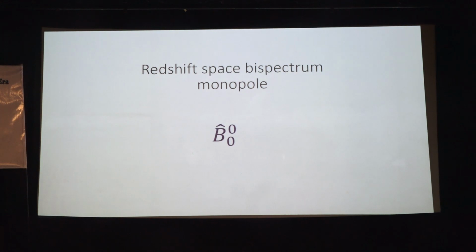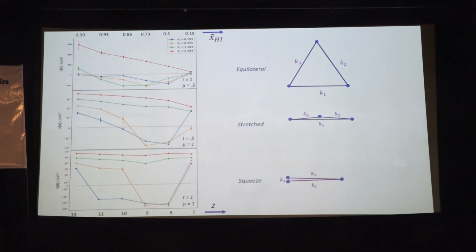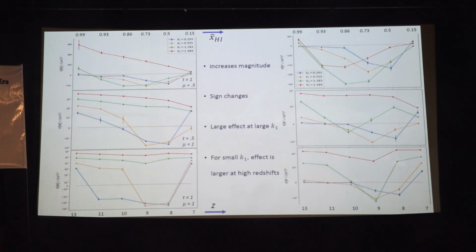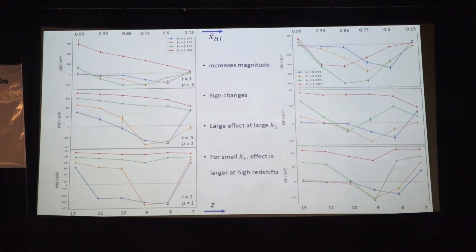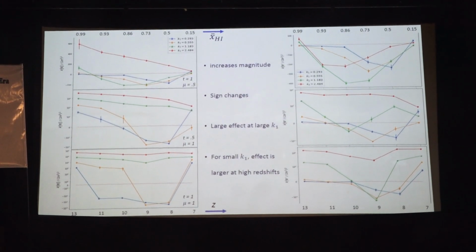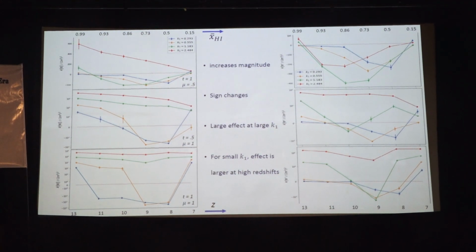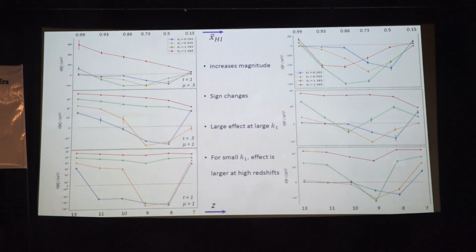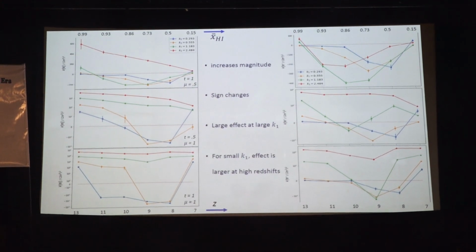For redshift space, these results are for the redshift space bispectrum monopole, and these are for real space. This is just for comparison. I could have shown you the ratio of the two, but this is what I have right now.